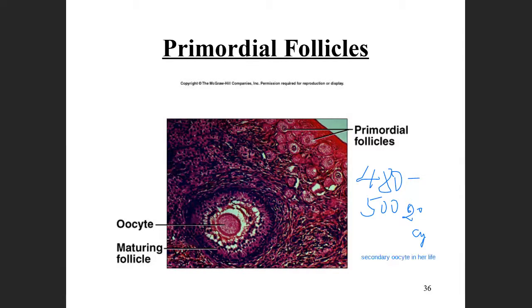A typical example would be, how many oocytes does a female produce in a year? Well, only 12, because each month she produces 1, right?